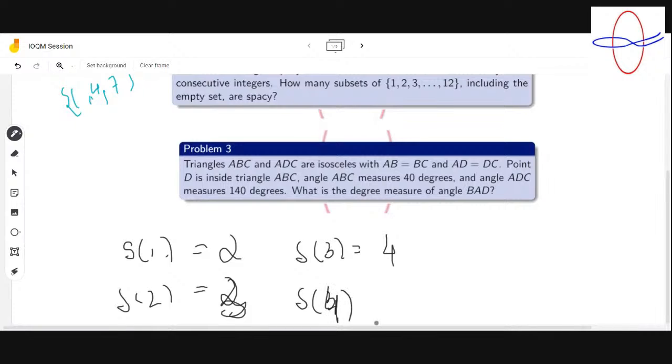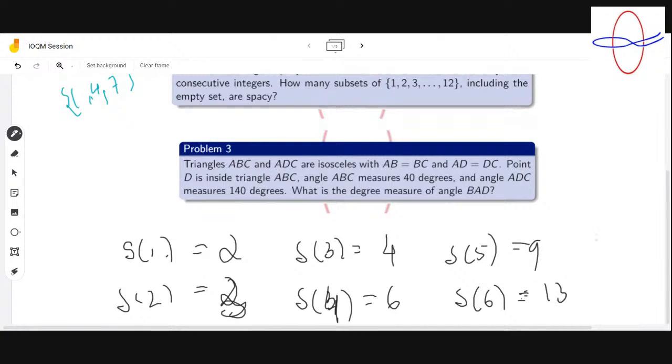S of 4 is what? S of 3 plus S of 1, that is 6. S of 5 is S of 4 plus S of 2, that is 9. S of 6 is S of 5 plus S of 3, that is 13.